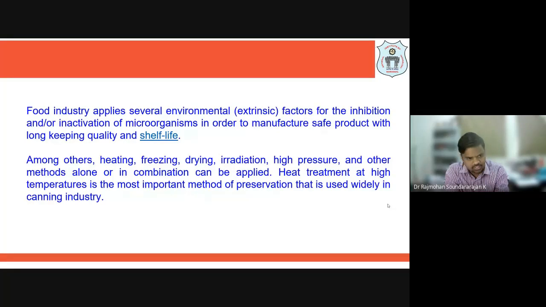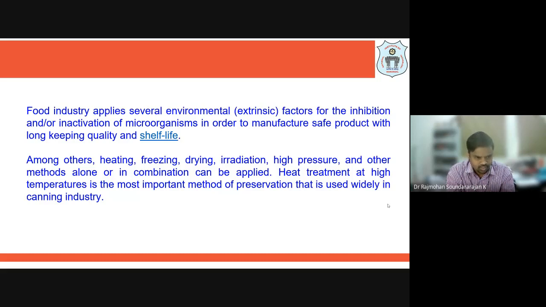And if you look at the case study of the food industry, this industry applies several environmental factors for the inhibition or inactivation of the microorganisms, in order to manufacture any food product to be safe, considering its quality and shelf life, right? Because there will be an expiry date for any food product being produced. If we want the durability and shelf life of any food product to be increased, we have to ensure that even inside the packing there is no contamination, and no chance for microorganisms to enter, survive, grow or multiply and damage the product.